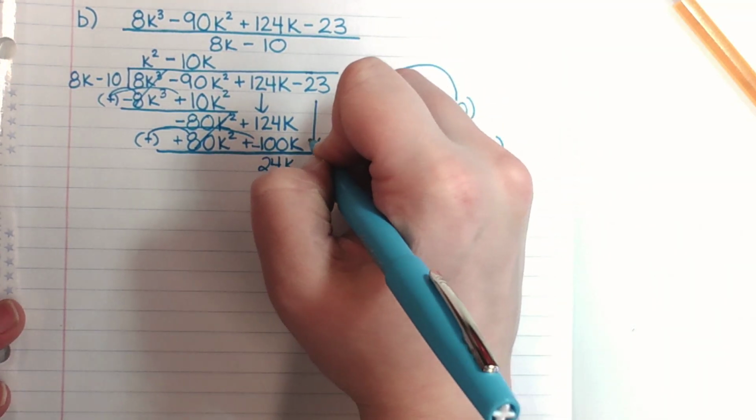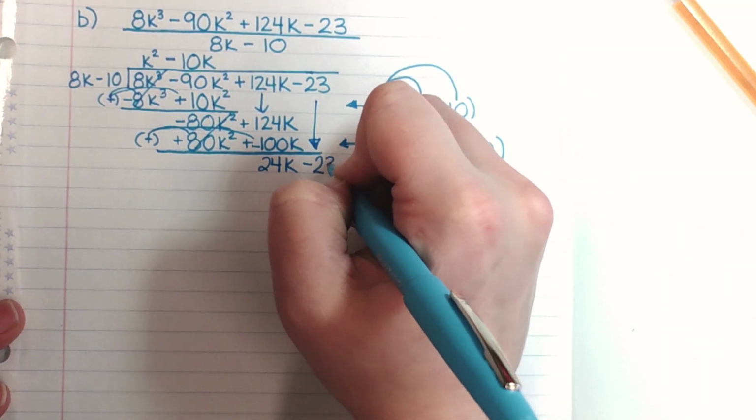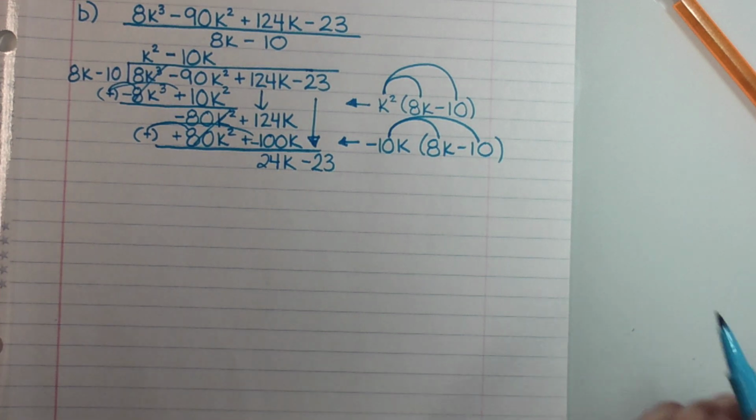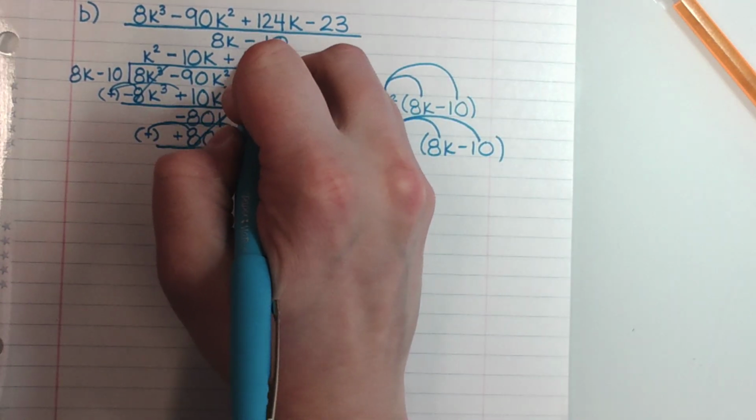Bring down your next term. What do you multiply by 8k to get 24k? Positive 3. So plus 3.